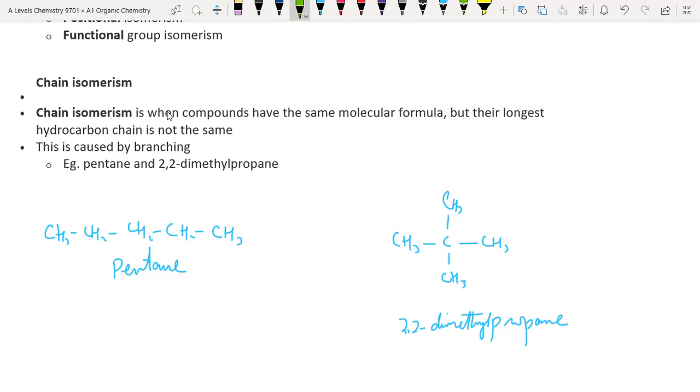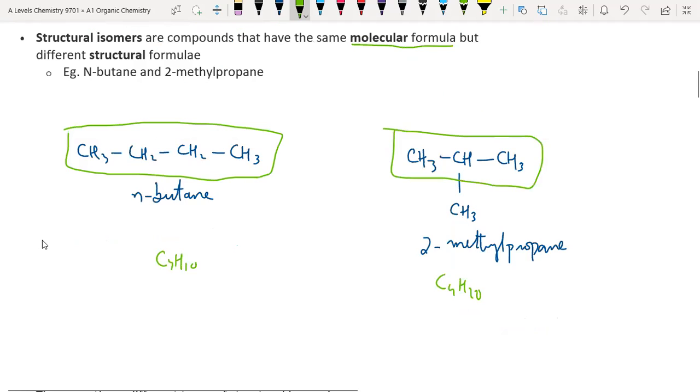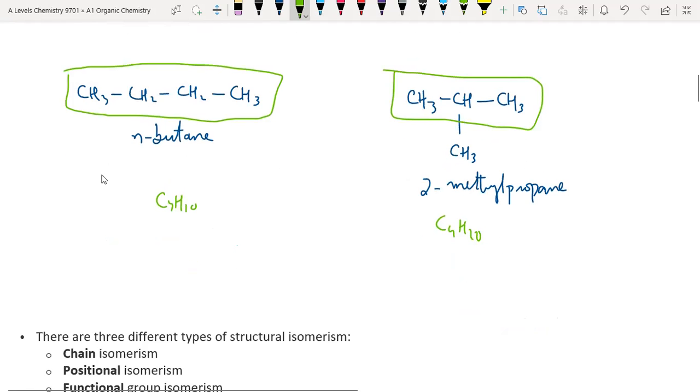In chain isomerism, compounds have the same molecular formula, but what is the difference? Their longest hydrocarbon chain is not the same. As we discussed in our above example, n-butane and 2-methyl propane are both butane with C4H10 chemical formula.